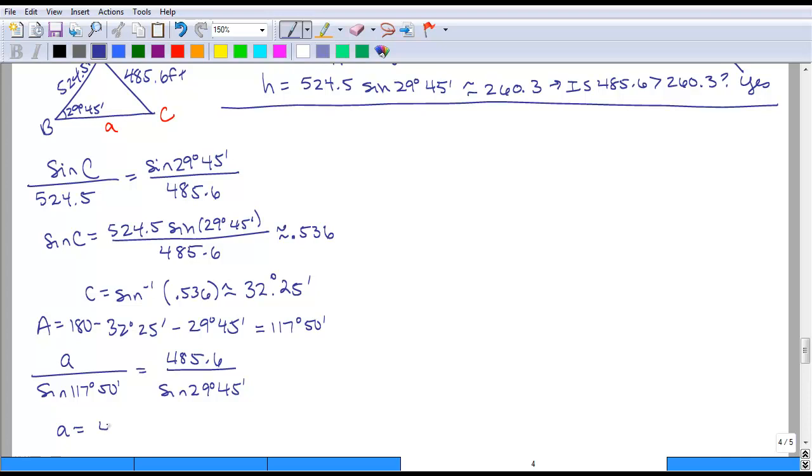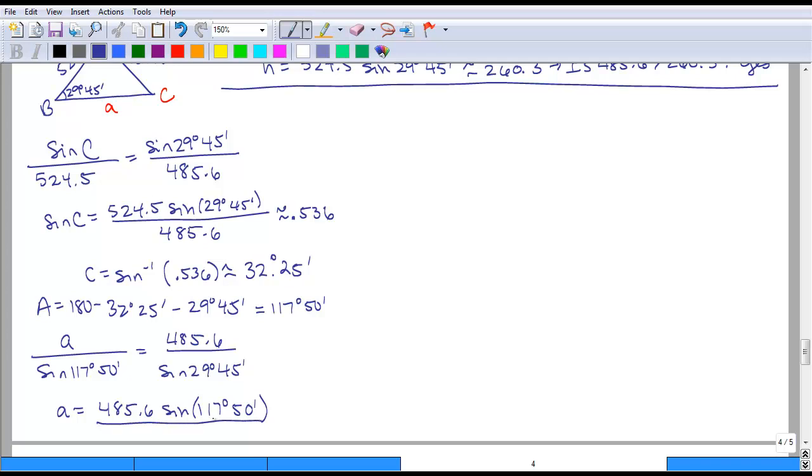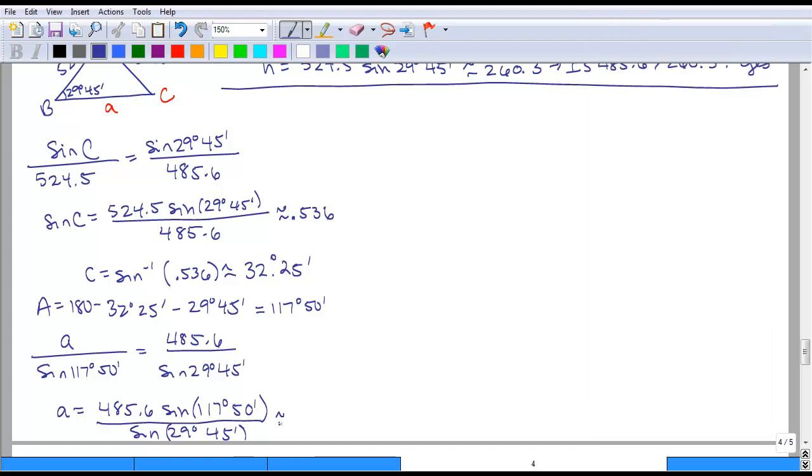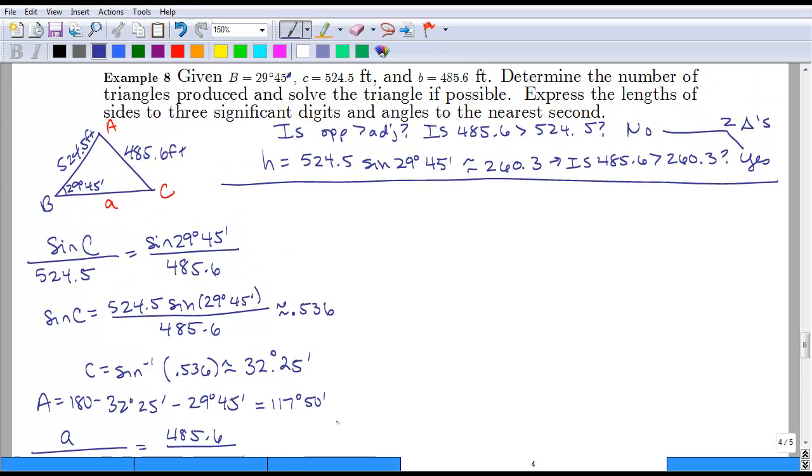So A is going to be 485.6 times the sine of 117 degrees 50 minutes divided by the sine of 29 degrees 45 minutes. And we end up with approximately 865.4. We stay with the same number of significant digits that we were given. And units in this case were feet.